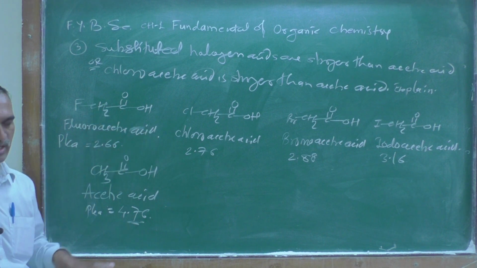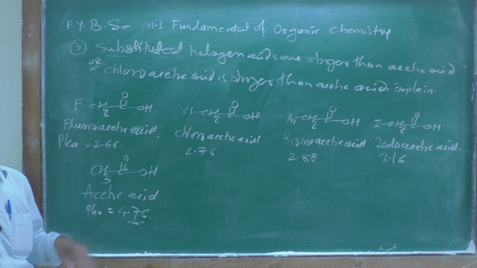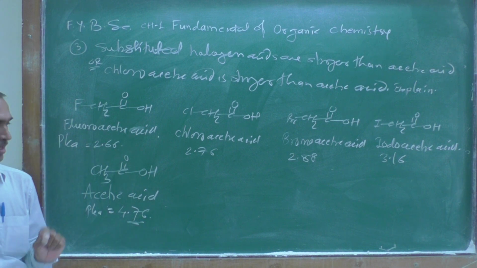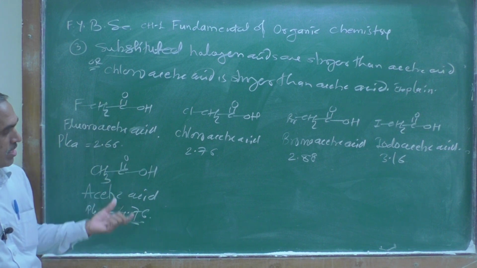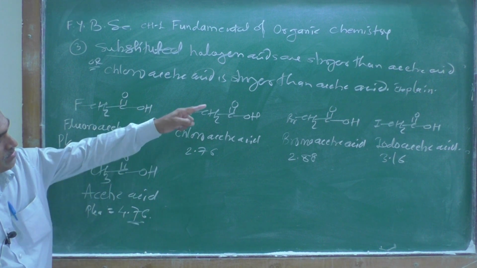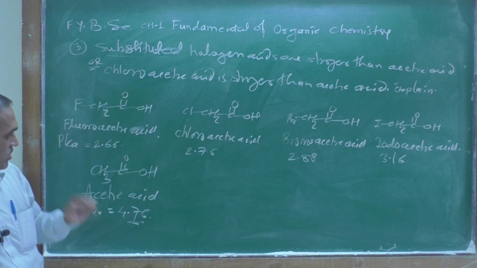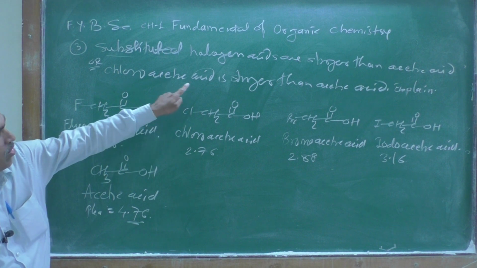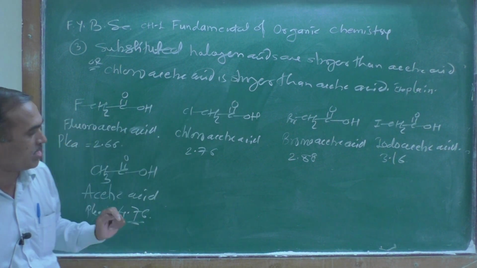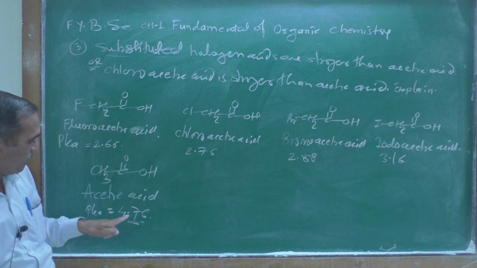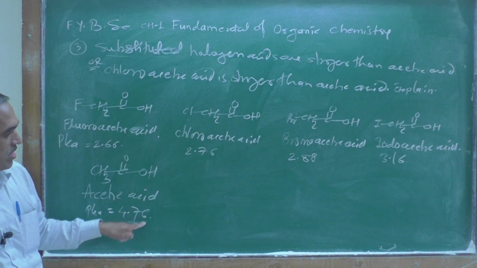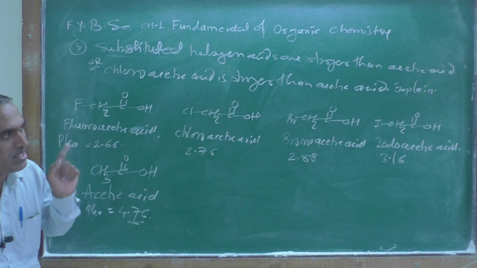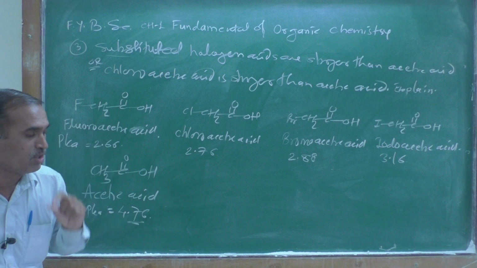You can find the exact values in the book, but remember the main point I am trying to explain. If you compare only these two, chloroacetic acid is stronger than acetic acid. The pK value of acetic acid is 4.76, and chloroacetic acid has a pK value of 2.76. What is our general rule?